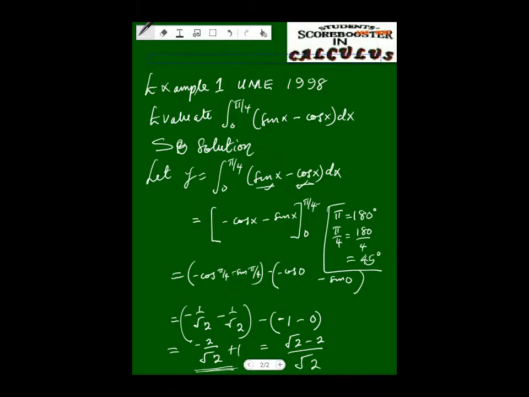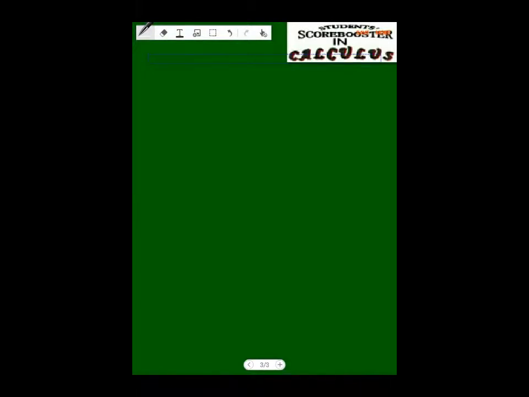So in continuation of that, let me rewrite what I have there. What we have is root 2 minus 2 over root 2. So you rationalize this one, make it multiply by 1, and 1 is the same thing as root 2 over root 2.